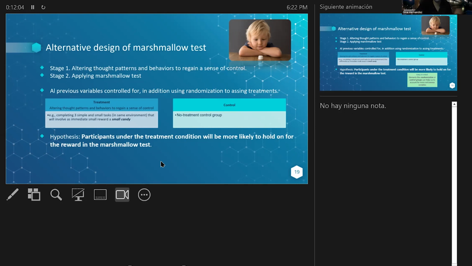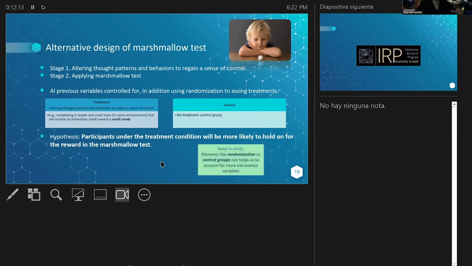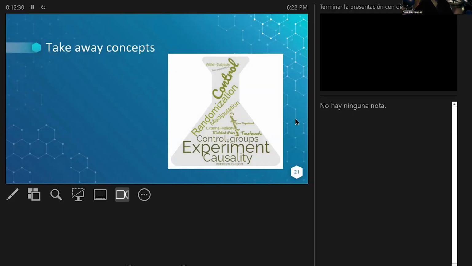This could be a way to test different theories and try to explain this phenomenon. Always keep in mind that elements like randomization and having control groups will always help you to account for more extraneous variables. Okay? Okay, very well.